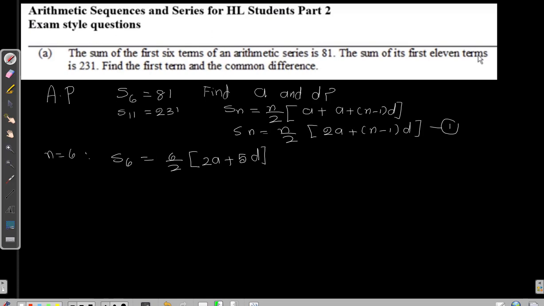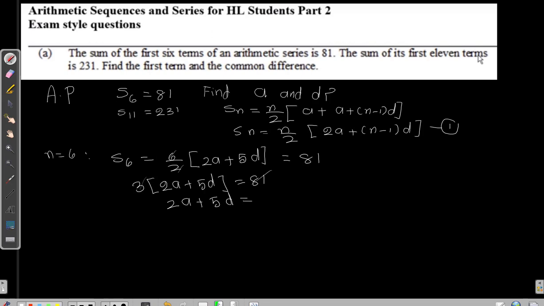If I simplify, 6 over 2 is 3, so 3 times 2a plus 5d equals 81. I see a common 3 on the left side and the right side, so if I divide both sides by 3, I get 2a plus 5d equals 27.